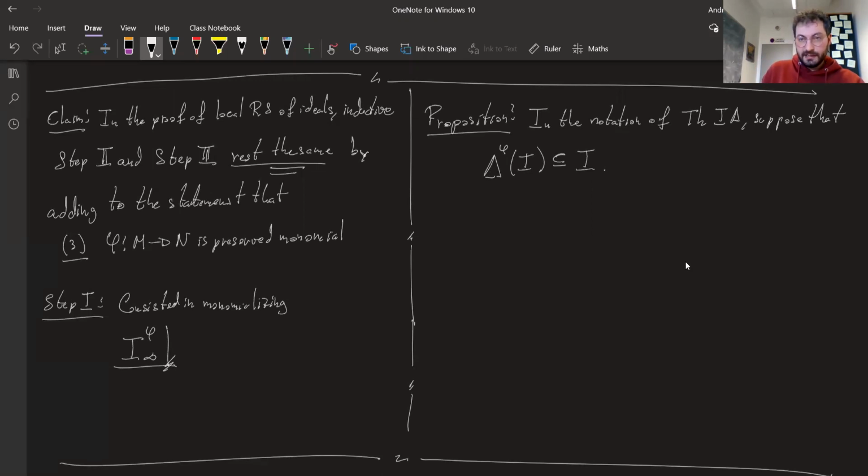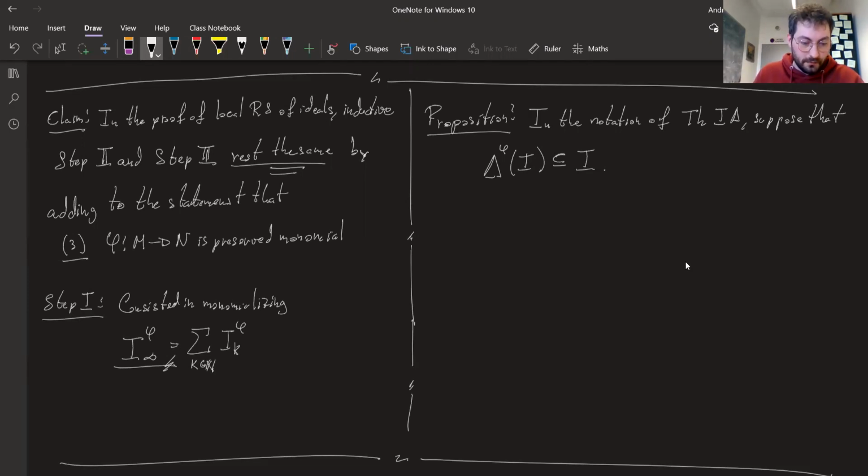This is an ideal which satisfies this property, right? It satisfies this property because, if we recall, this is given by the sum of I phi k. So if we apply them, then it's just going to give you the sum of I phi k plus 1. Well, this is going to be containing the sum of all of them. So it satisfies this property.